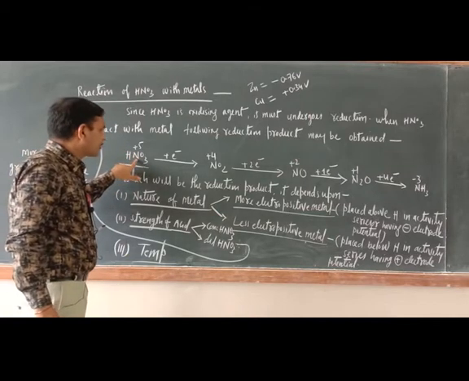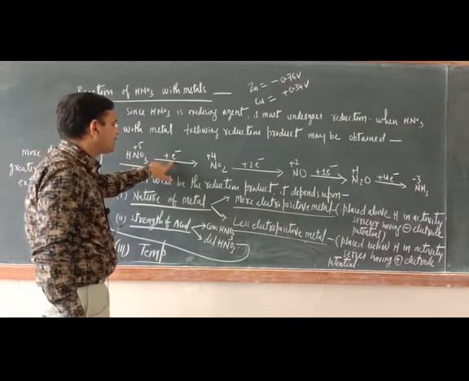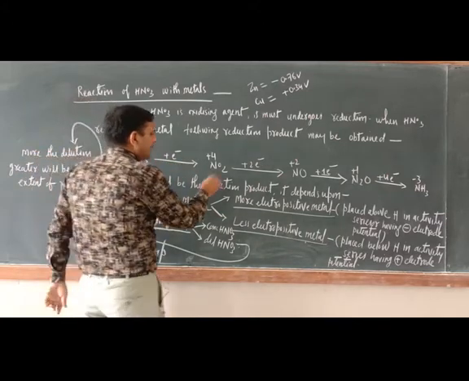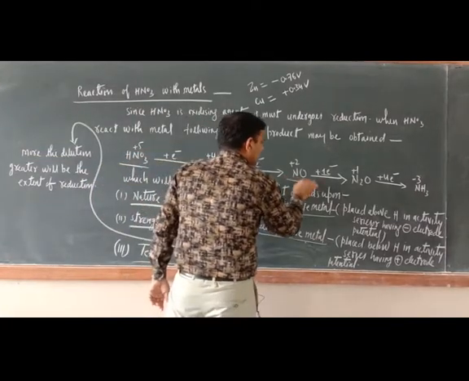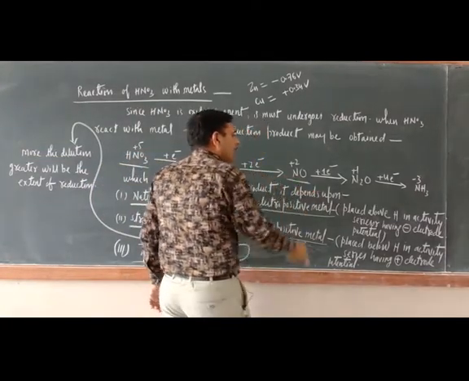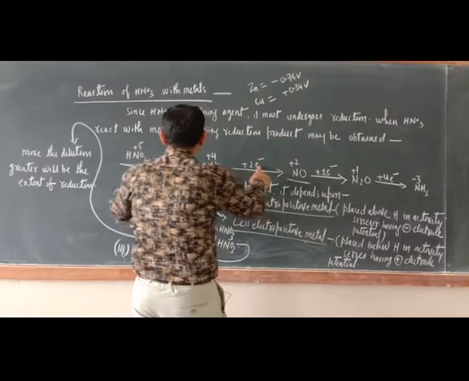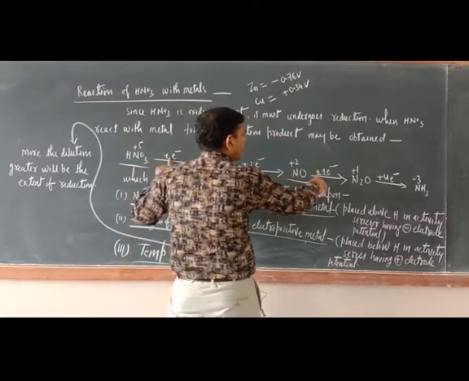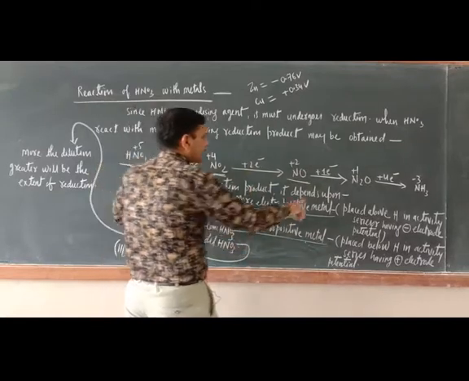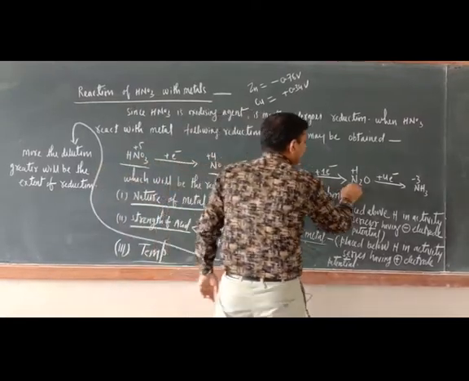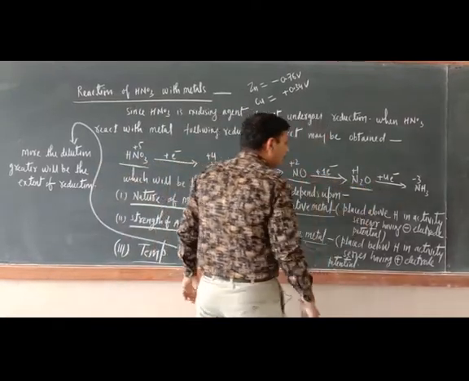When HNO3 gains 1 electron, its reduction product may be NO2. When it gains 2 electrons, its reduction product may be NO. When it gains 2 plus 1, meaning 3 electrons, 2 electrons here and 1 electron here, then the reduction product may be N2O.